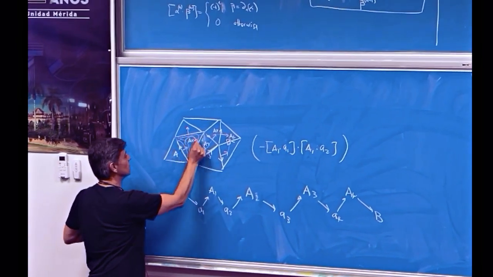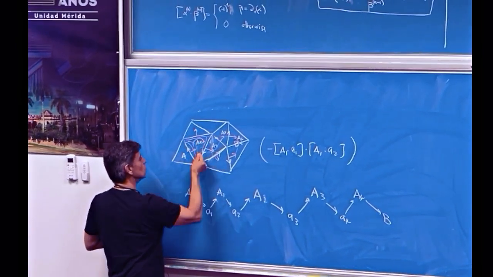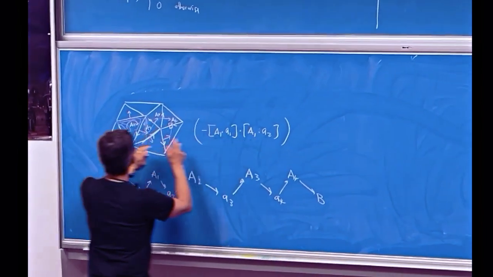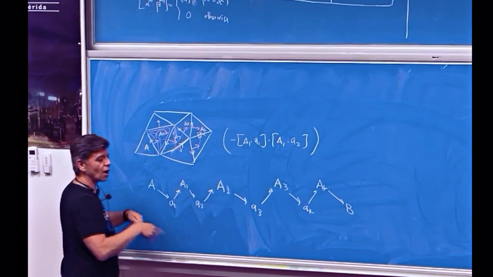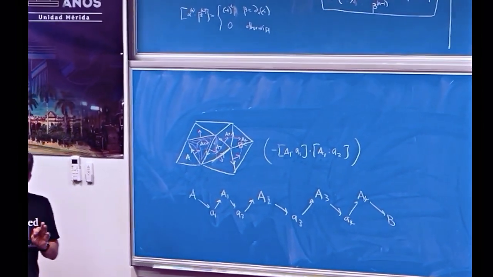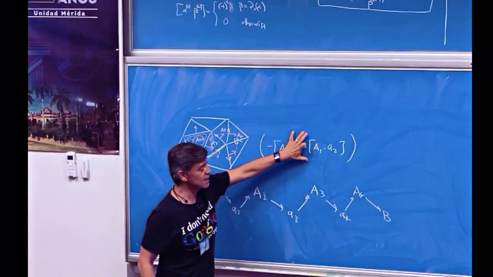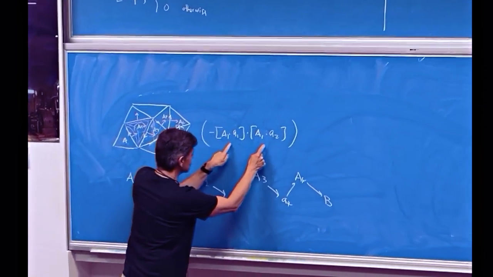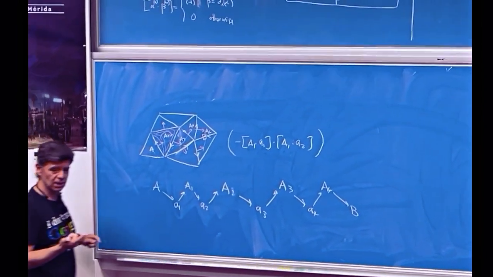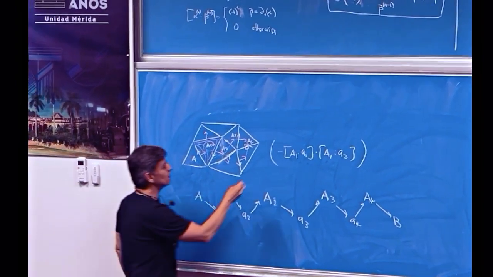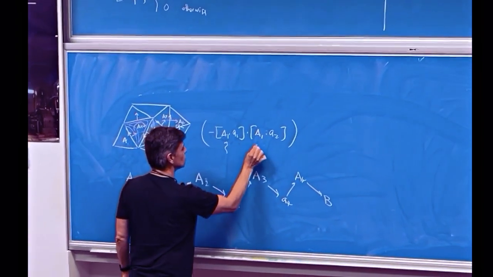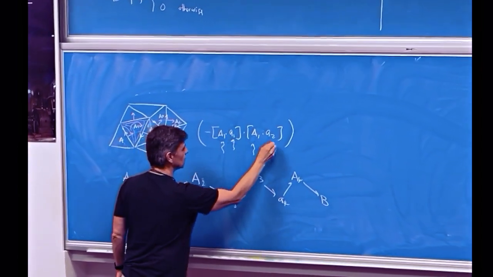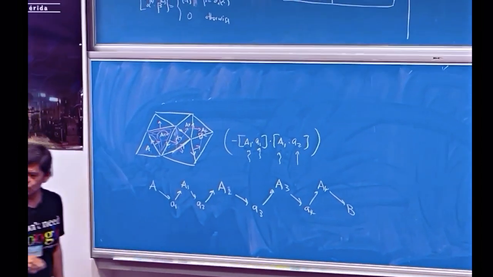This number reflects whether these two orientations are compatible. If this sign is positive, these two are compatible, and if it is negative, they are not compatible, independently of the given orientation of A1, and of the small a1 and a2.